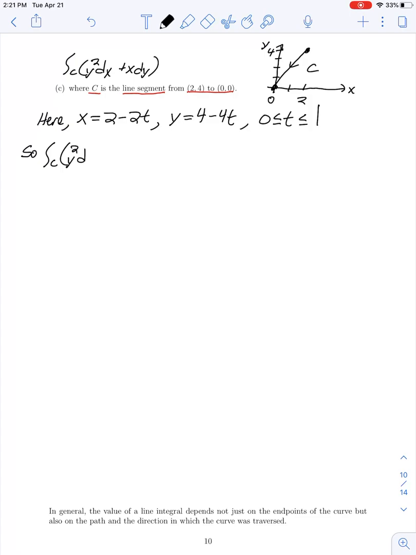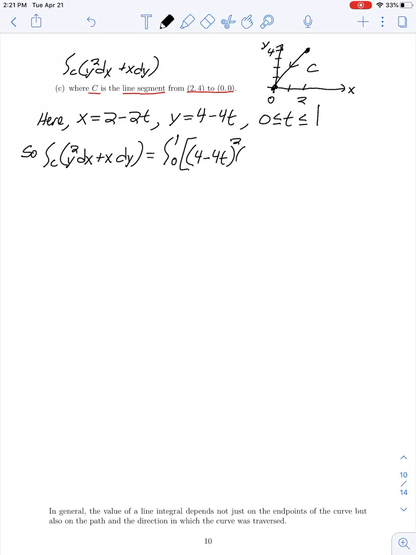So here again we had y squared dx plus x dy. Here we give this as the integral from 0 to 1. Our y value was given by 4 minus 4t.